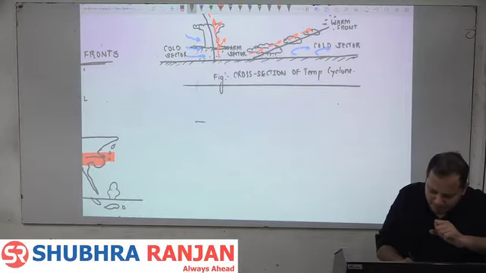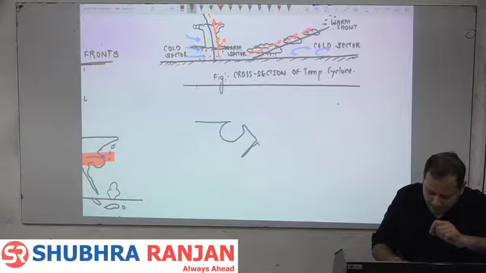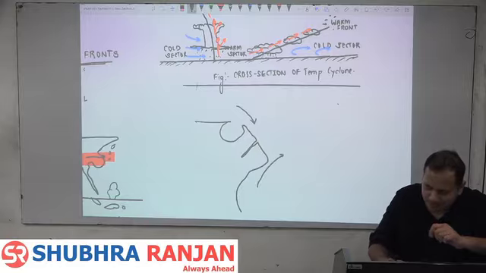Why? This is the region we are talking about. Because of the cold Labrador current and therefore cold air mass, and the warm Gulf Stream and therefore warm air mass. Getting it?